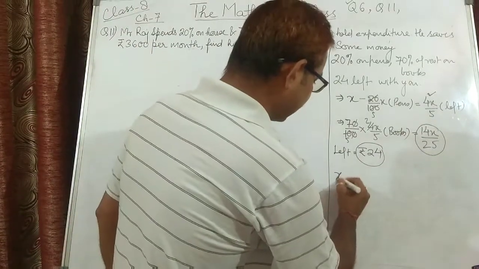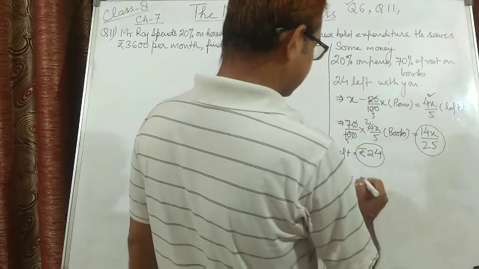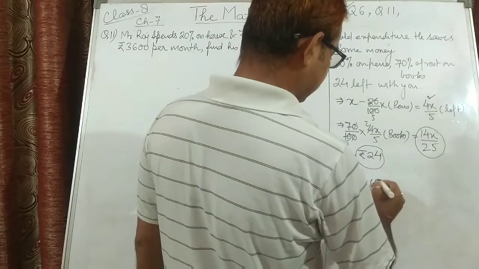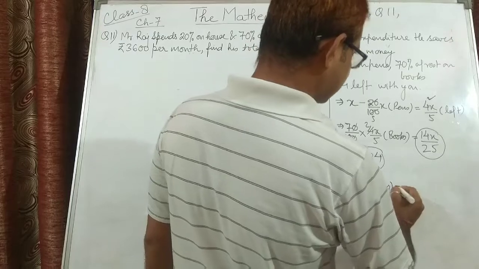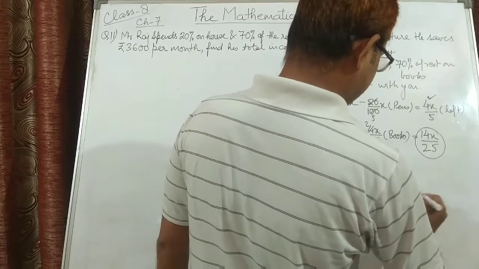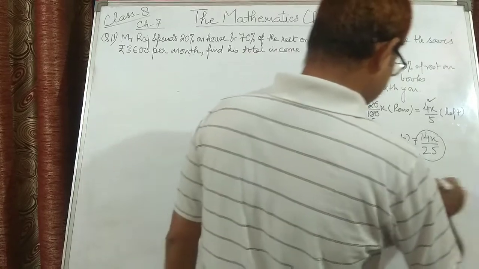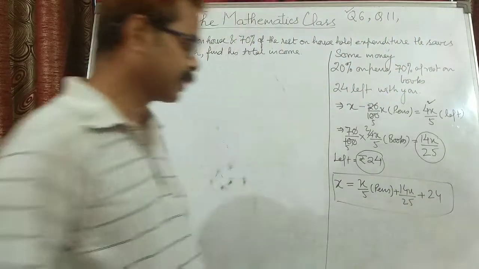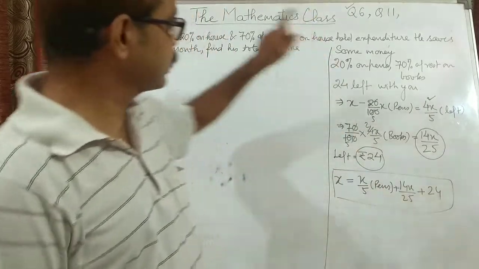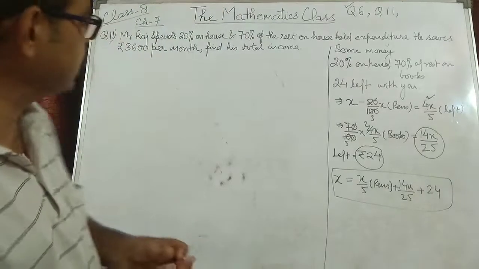So total money X is equal to money spent on pens, x upon 5, plus money spent on books, 14x upon 25, plus rupees 24 more. Now we can calculate and get the value of X. So this question is the same as this one. I hope the concept is clear.